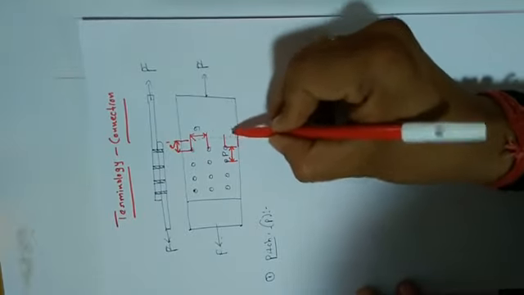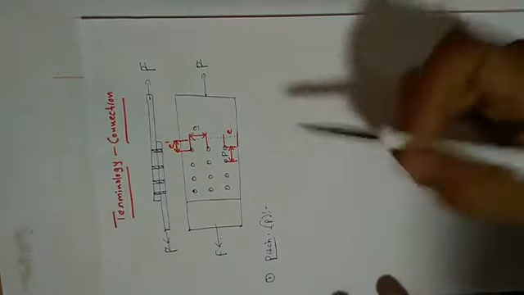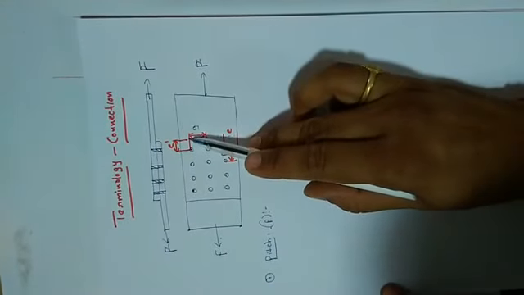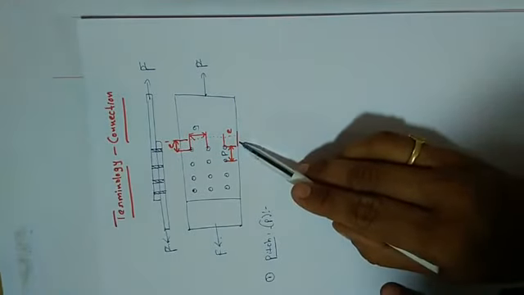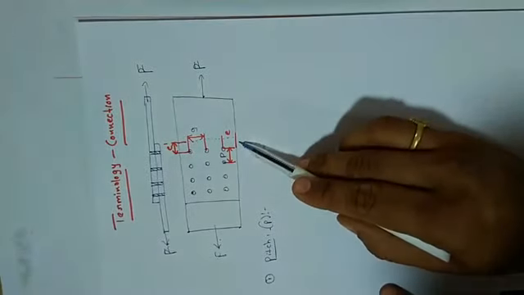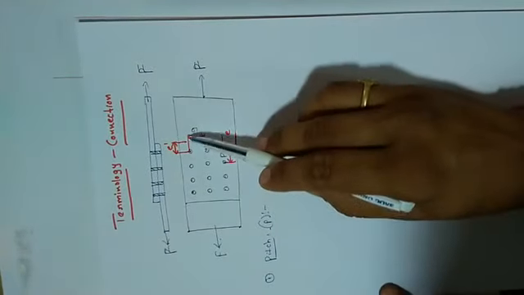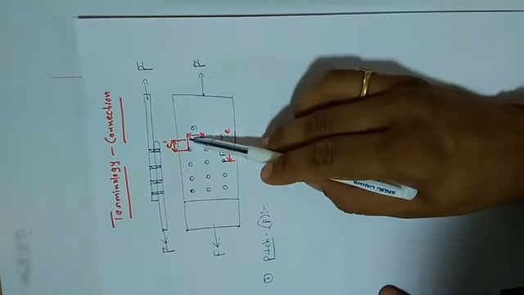This is the edge distance, indicated with the symbol E. There are two distances to the end of the plate, which we call the end distance, and to the edge of the plate. From the center of the nearest bolt hole to the edge of the plate, and the nearest bolt hole to the end of the plate. The nearest bolt hole to the end of the plate is called the end distance.